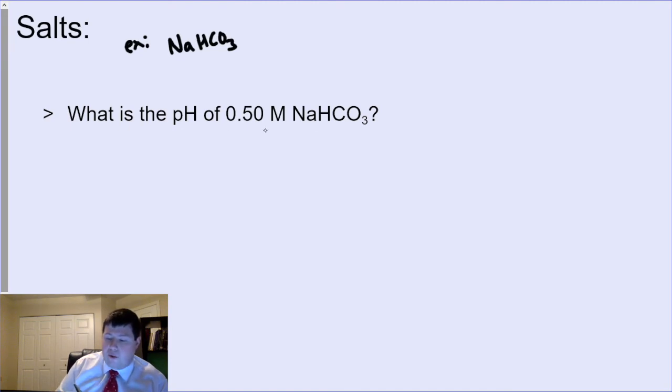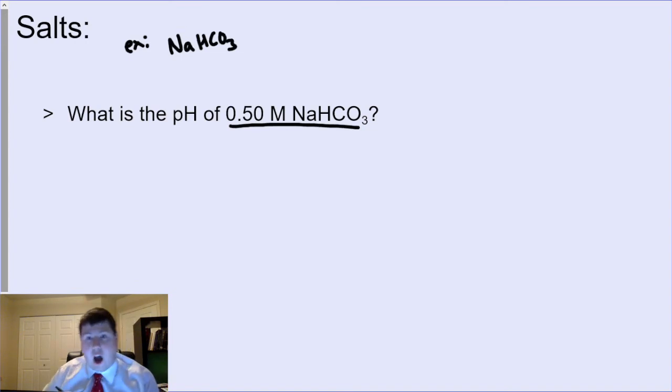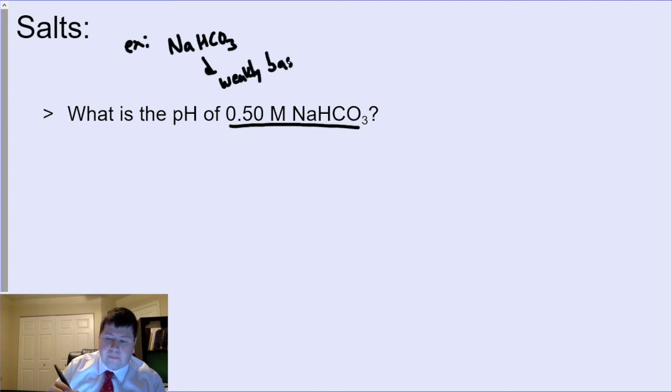I'm going to find out what the pH of this salt is. You want to be able to make the prediction that because Na is the conjugate acid of a strong base, it will have no effect on the pH, whereas HCO3- is the conjugate base of a weak acid, and so this salt is going to be weakly basic.